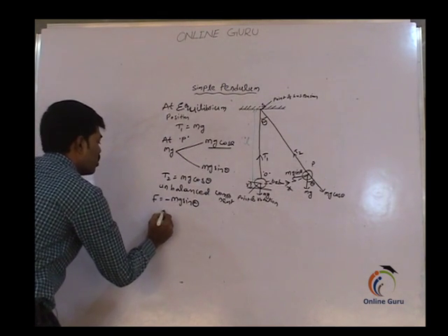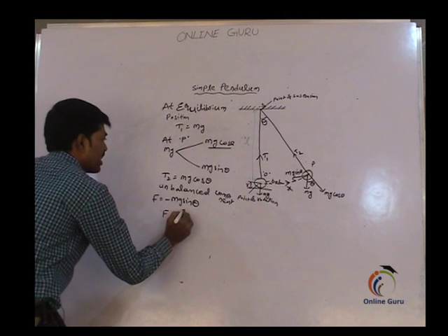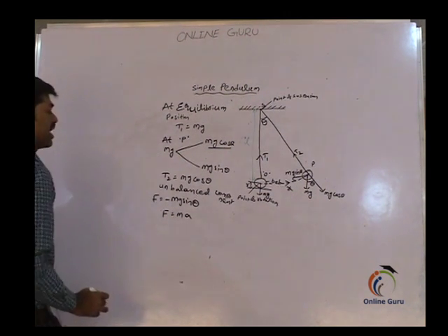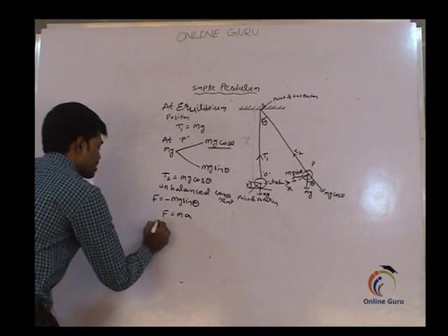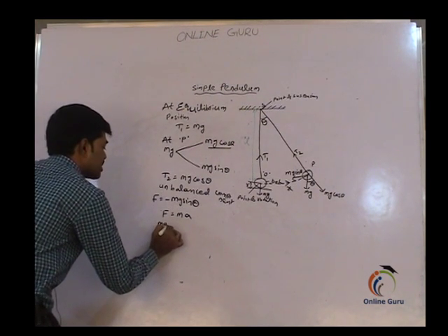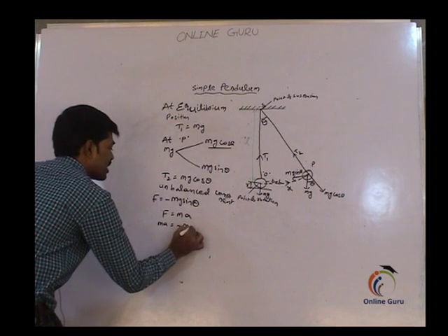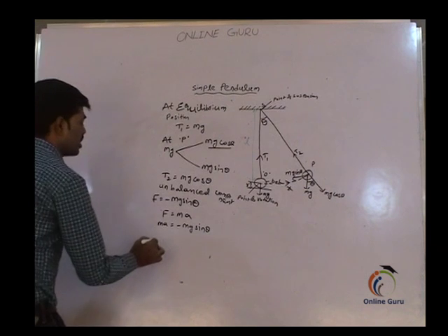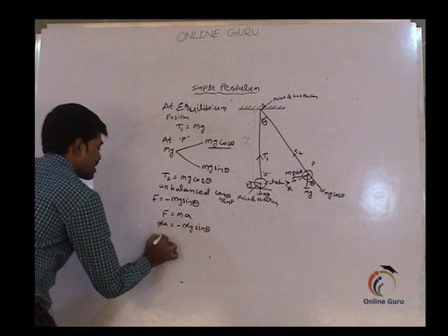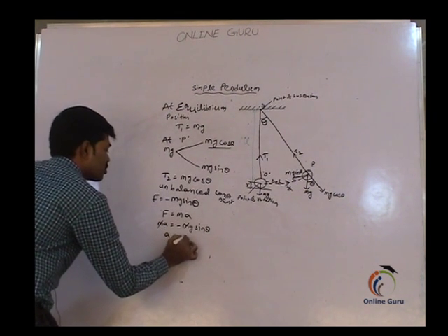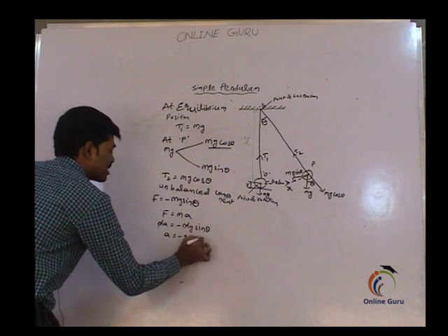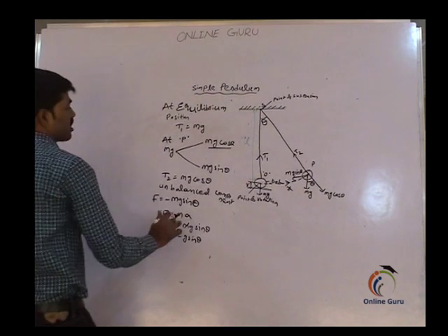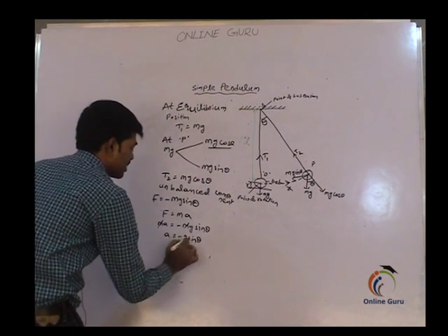Now we know that if a is the acceleration, then F is equal to ma, and if you substitute that, ma is equal to minus mg sin theta. The m will cancel, so a is equal to minus g sin theta. This is one equation.